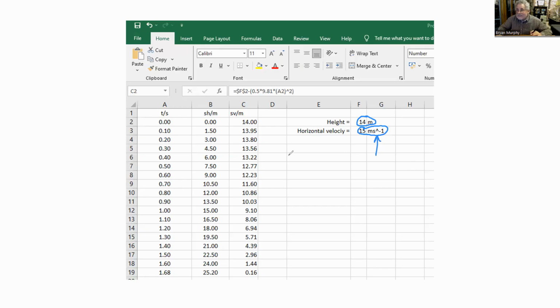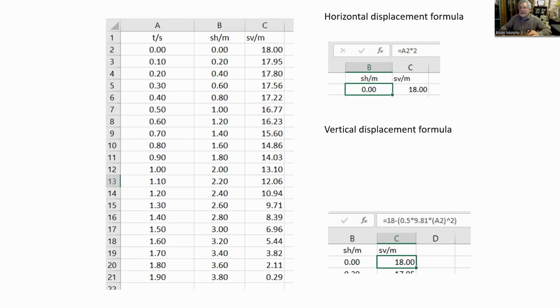So let's have a look at my equations, my formulae. So here we go. There are my formulae. For the time, I just started by saying the time increases in equal steps like that. Every tenth of a second, I want to know what's going on.